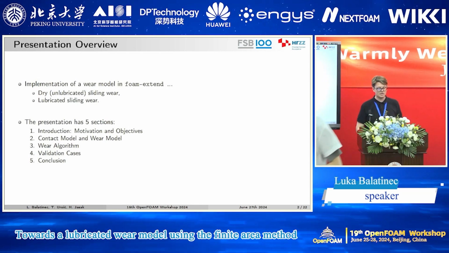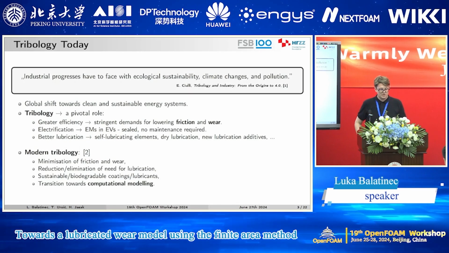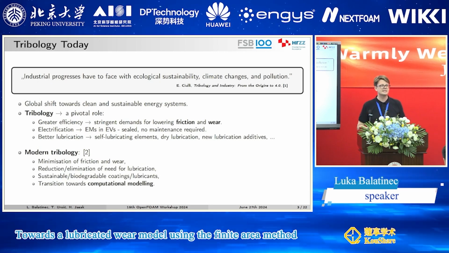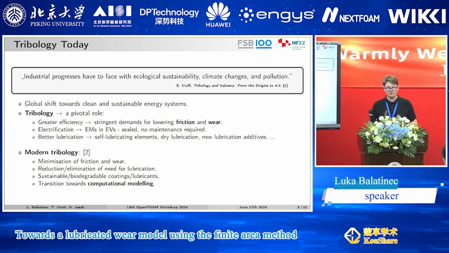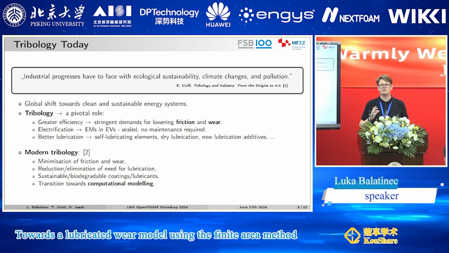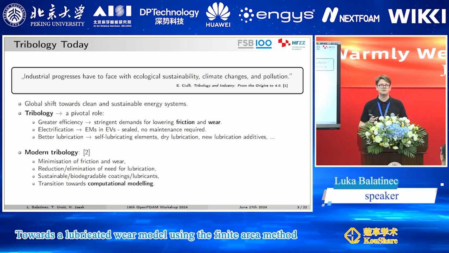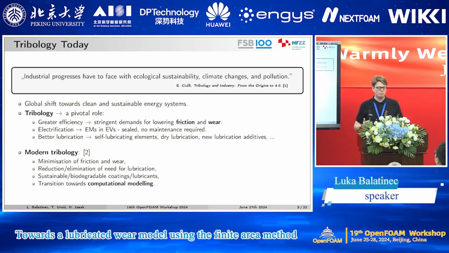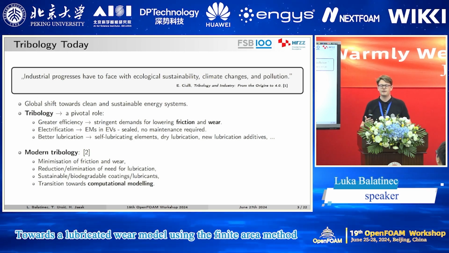This presentation has 5 sections, and you can see them here. Tribology today: we can see a global shift towards clean and sustainable energy systems, and tribology has a pivotal role in achieving greater efficiency, meaning very stringent demands for lowering friction and wear, in electrification, meaning electric motors which should be sealed when produced and should require no further maintenance, and in achieving better lubrication, meaning dry lubrication, new lubrication additives, or safe lubricating elements.